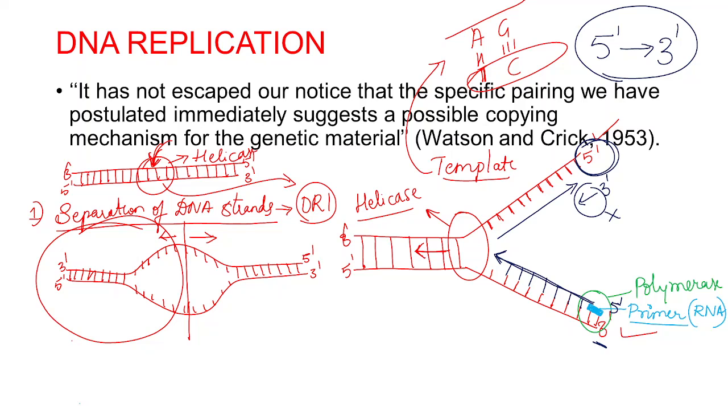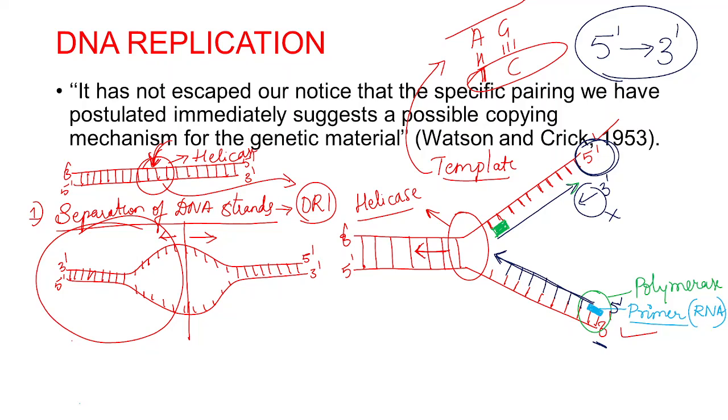For that sake, what will happen? It should wait up to the opening of this fork, which is now open up to a certain extent. The primer will be attached here, and then the formation of the strand will begin and continue up to this extent.